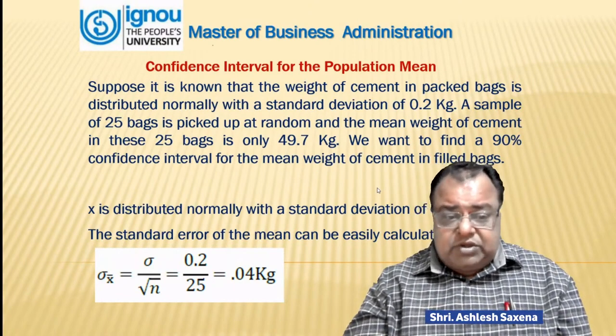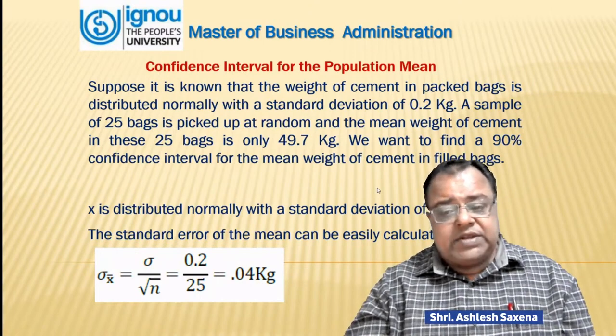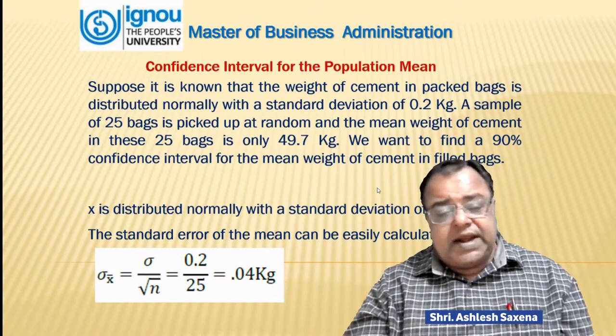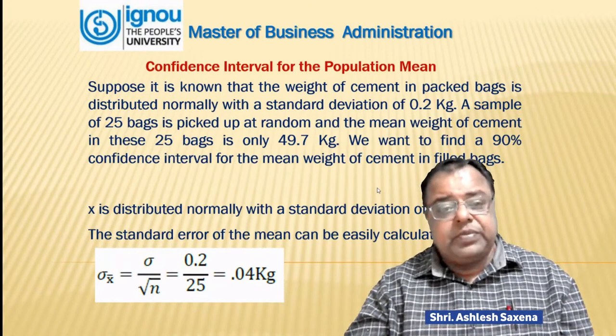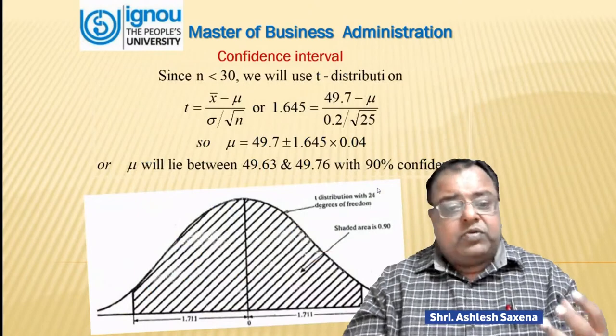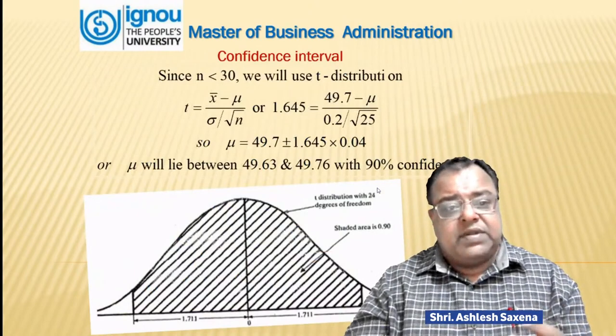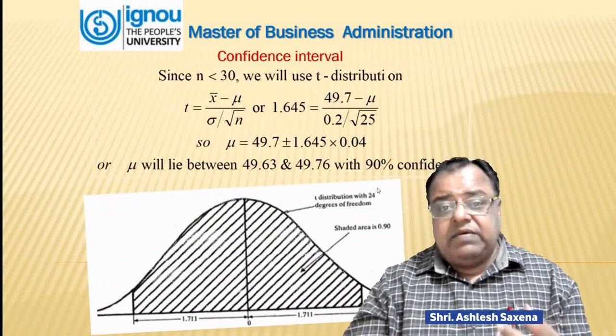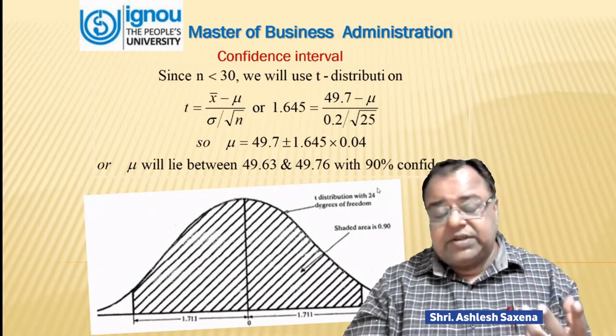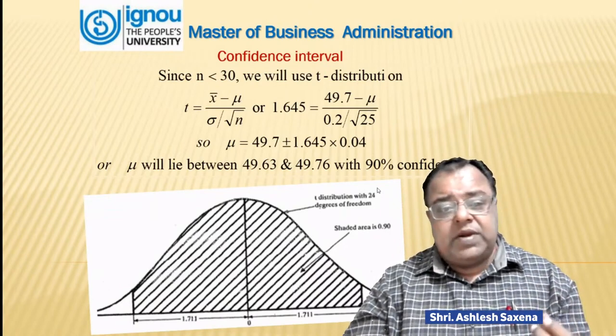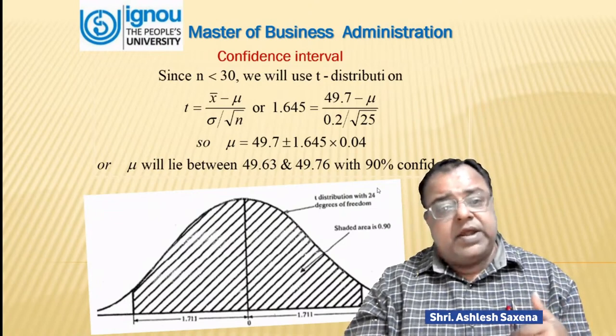If X is distributed normally with a standard deviation of 0.2 kg, then the standard error will be sigma x bar equal to sigma upon under root n. That will be 0.2 divided by under root of 25, which comes out to be 0.04 kg. Now, to estimate the confidence interval, since n is less than 30, we will use the t distribution. For the t distribution, we have the formula t equal to x bar minus mu upon sigma upon under root n.